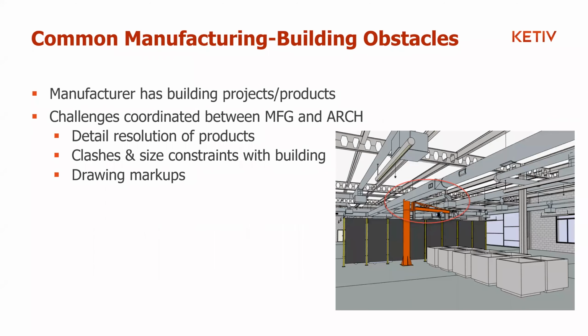So let's talk about some common manufacturing and building obstacles before we get into what's been new in 2022. You may be a manufacturer, and I do have a couple of customers myself that are manufacturers of a building product or maybe a unique piece of machinery, and they need to provide coordinated models.